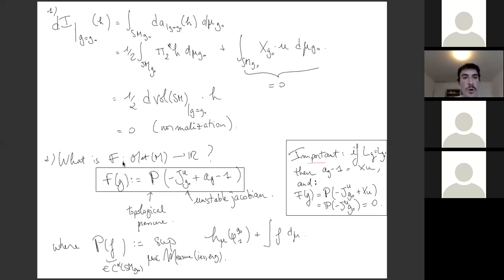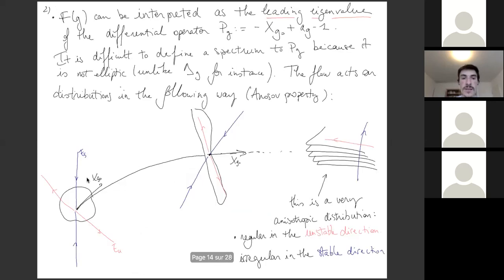Okay, so here's my functional F, and I recall that I'm restricting myself to the hypersurface F of g equal to 0. Now I'm trying to compute the second derivative of the stretch. For that, I need a sort of interpretation of this F of g. And what is this interpretation?